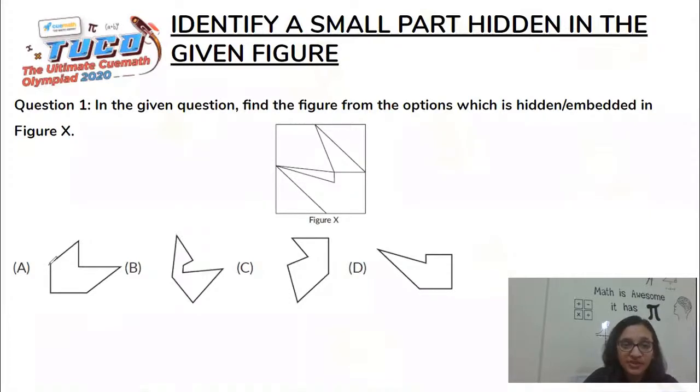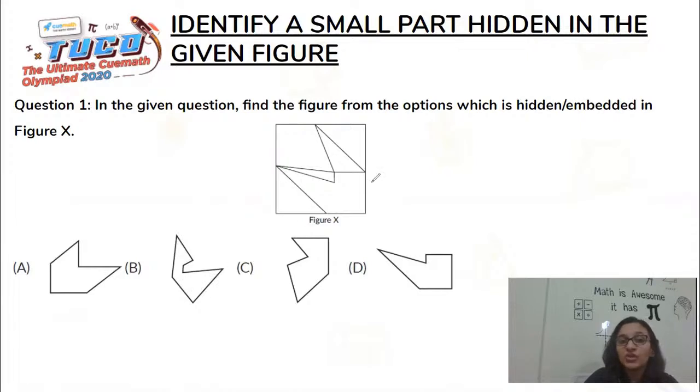Option A has one straight vertical standing line like this, then a sleeping line like this, and then a slanting line like this. So here we have a straight line, a sleeping line, but then after this there is no slanting line in this direction. So we cannot say that option A is present anywhere in this given figure X.